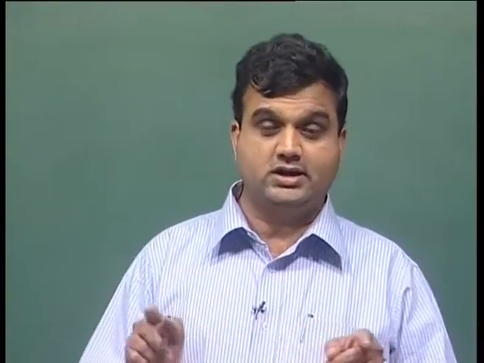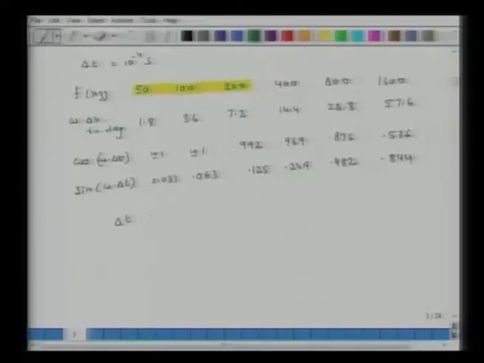Also, to give you a perspective, if all the delay is caused just by the physical separation and the electronic delay is 0, which is not true, then a delta t of 10 to the power of minus 4 seconds corresponds to a distance of 0.0345 meters, that is 3.45 centimeters.